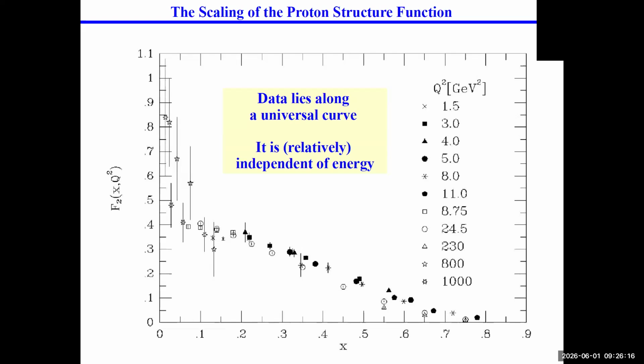And what that tells you is this F structure, whatever it is, we haven't defined it yet, it does depend on x, but it doesn't depend on energy. And so it doesn't seem to depend on the energy of the probe. And that's the hint of a point-like object. And that was the data they had that pointed to this parton model, where you say the proton is made up of point-like objects inside of it.